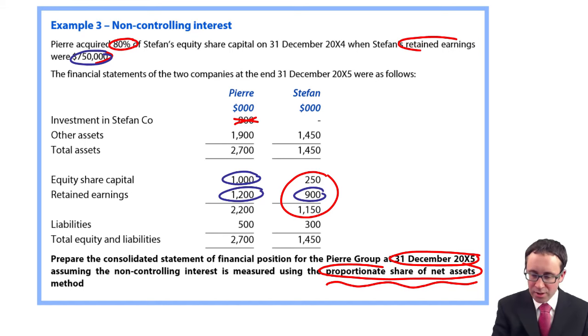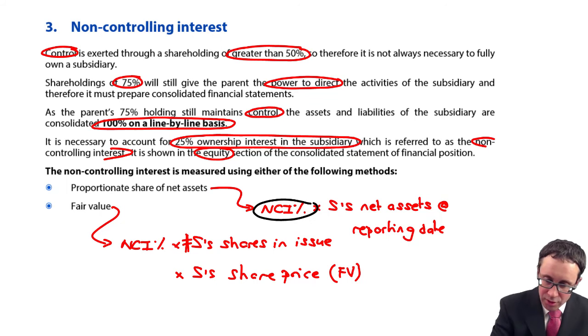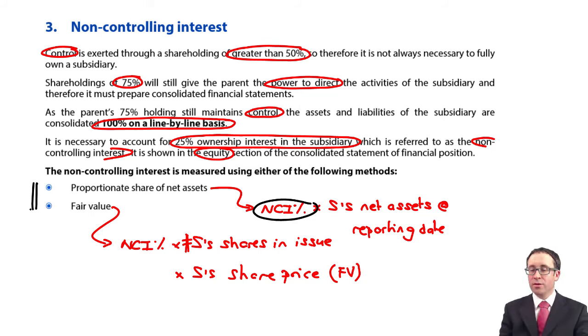But I think it's important at this point in time to make sure that you're happy with that example on the non-controlling interest, and to make sure there that you know the two methods of being able to go through there and value that non-controlling interest. You have your proportionate share of net assets method, so we use the reporting date and book value of those net assets.